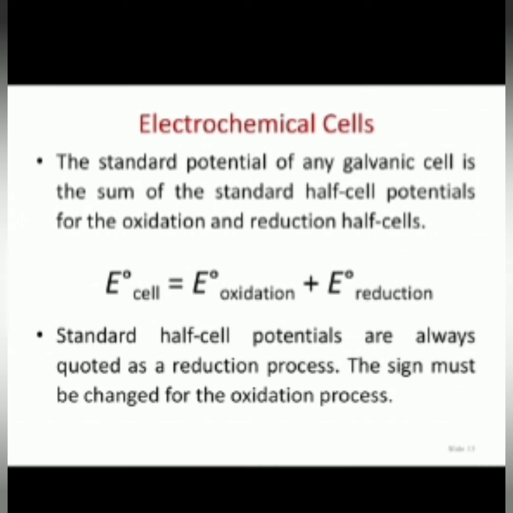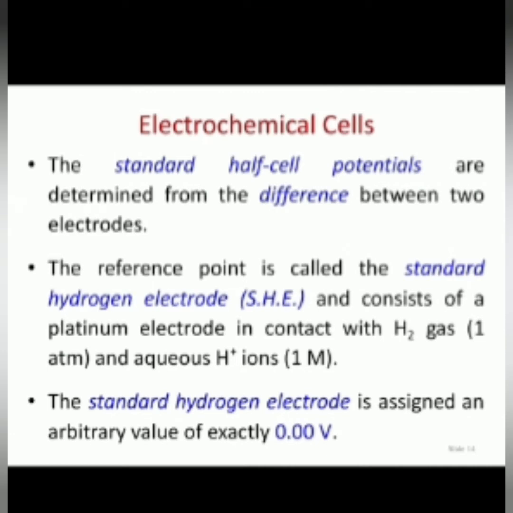Standard half cell potentials are always quoted as a reduction process. The sign must be changed for the oxidation process. The standard half cell potentials are determined from the difference between two electrodes.